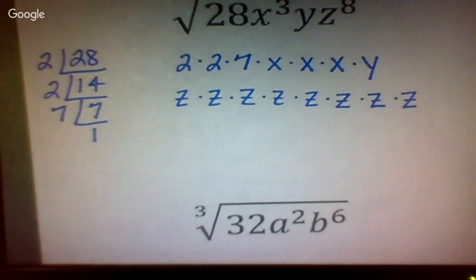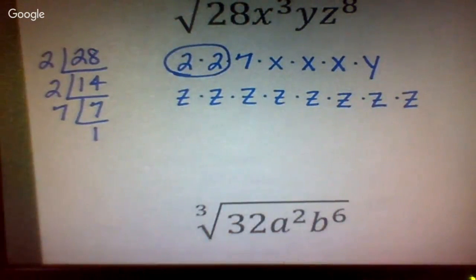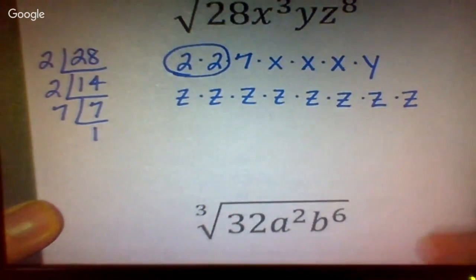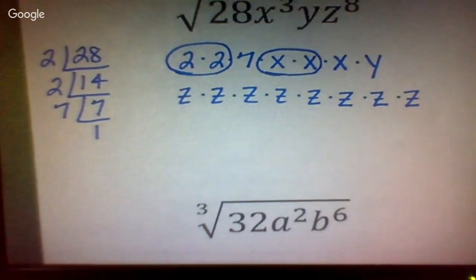So that tells me I need to go down to my prime factorization and group my stuff in 2's. So I've got 2 2's, so I can circle them. I don't have anything that matches with a 7, so we're going to move on. I've got 2 x's.